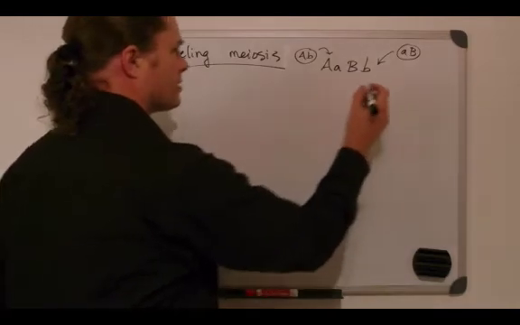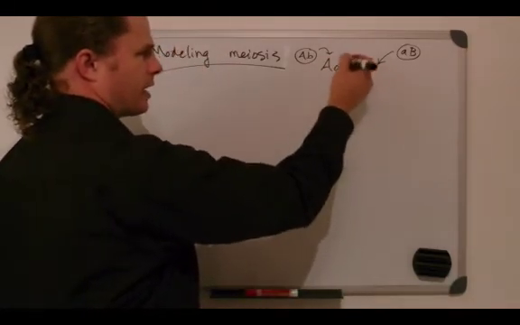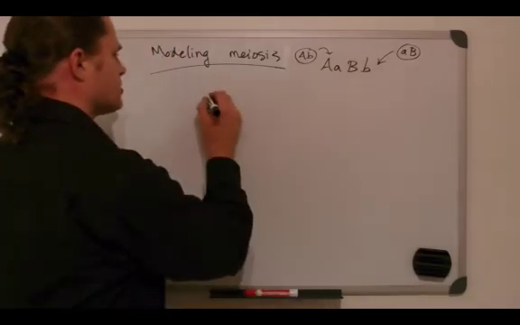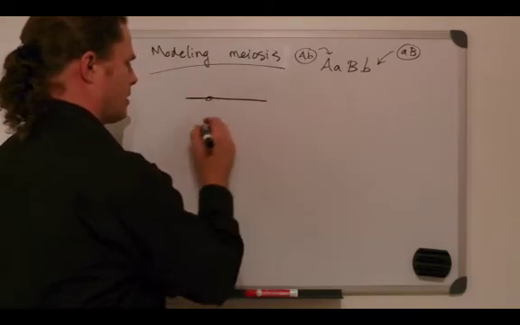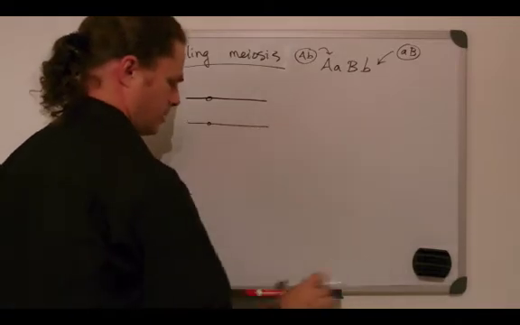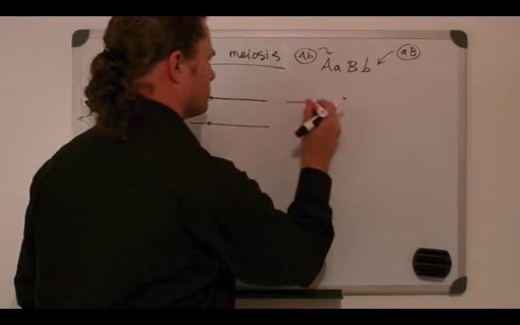Now, for an organism that's 2N, as any cell that can undergo meiosis has to be, for any cell that's 2N, we can draw chromosomes in pairs. And I'll switch colors for the second chromosome.